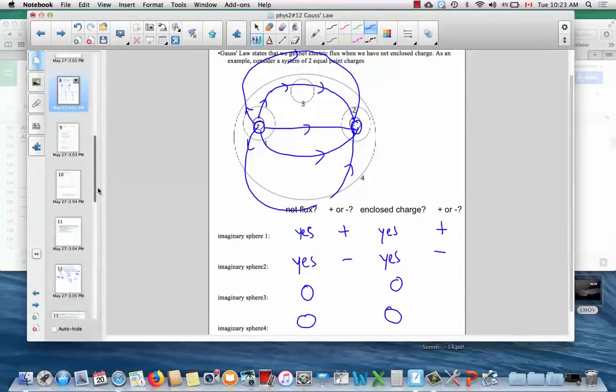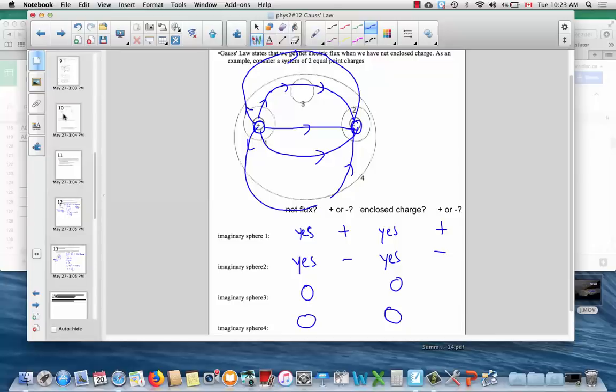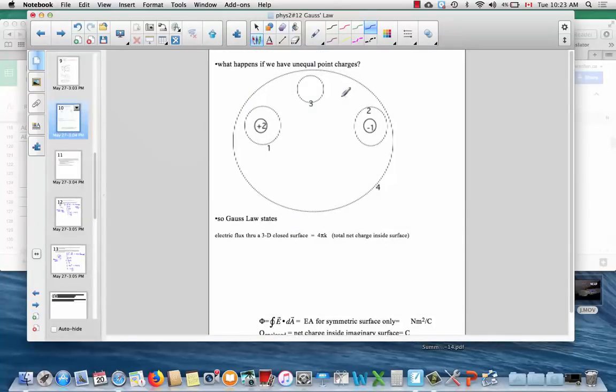This then is what Gauss's law tells us. It says that you get electric flux through a surface when you have net enclosed charge inside the surface.